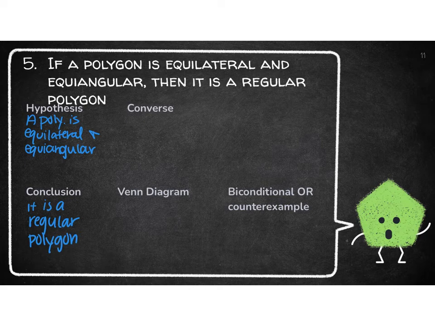Our converse statement would be if it is a regular polygon, then it is equilateral and equiangular.